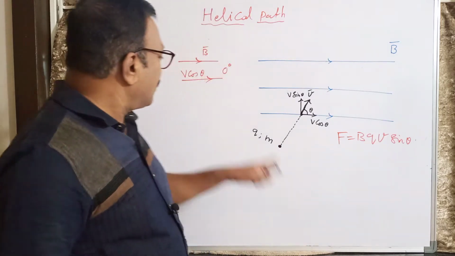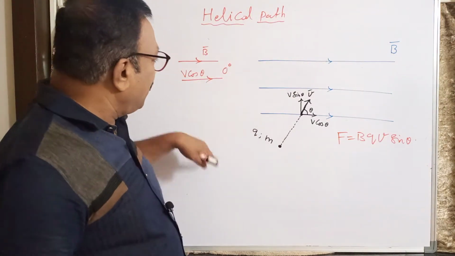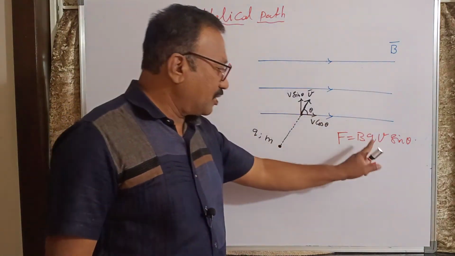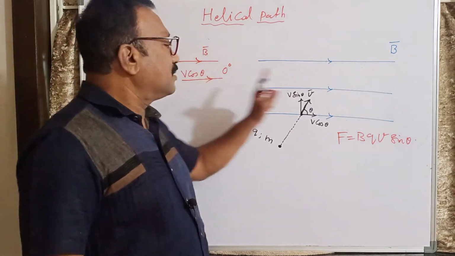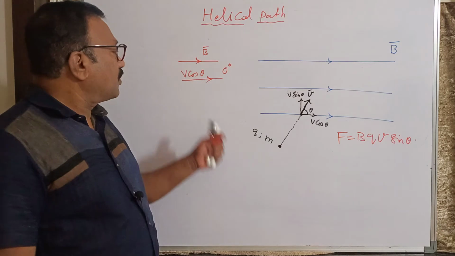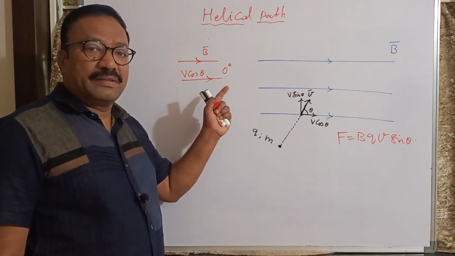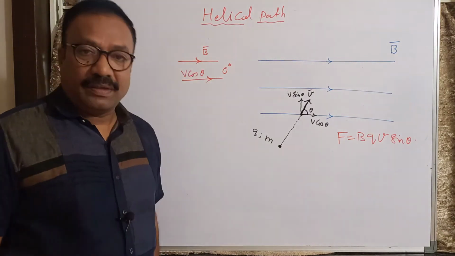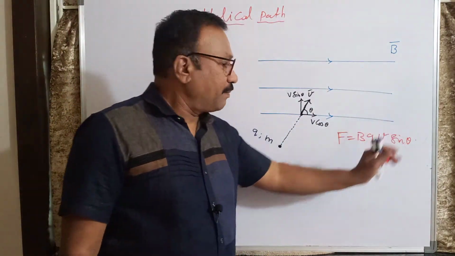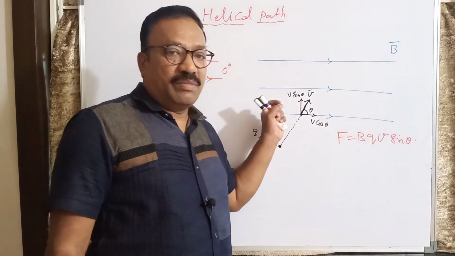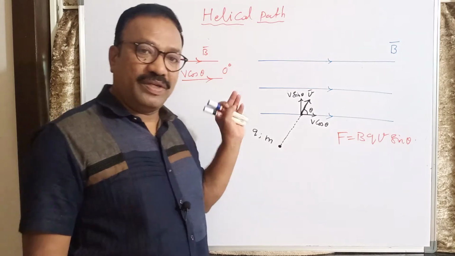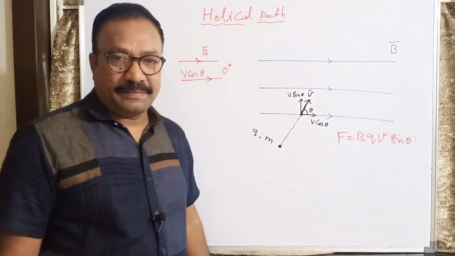But here the velocity is V cos theta, and the angle between the magnetic field and the velocity is 0 degrees. So V becomes V cos theta, theta becomes 0, and hence the force acting will be 0. Therefore the component V cos theta is not at all affected by the magnetic field, and hence a horizontal motion is caused. And this V cos theta will be maintained constant because the force is 0. So the particle has to move in horizontal motion because of V cos theta.